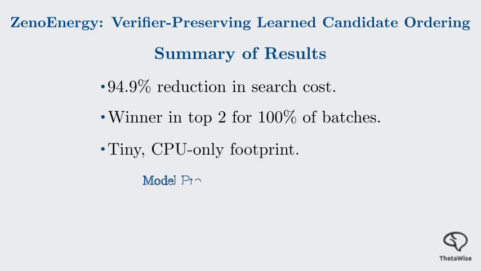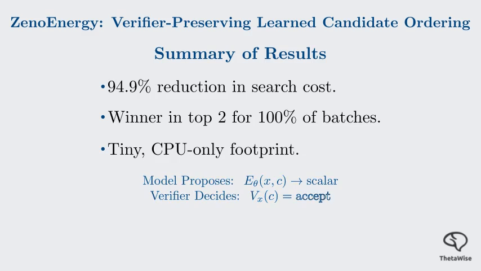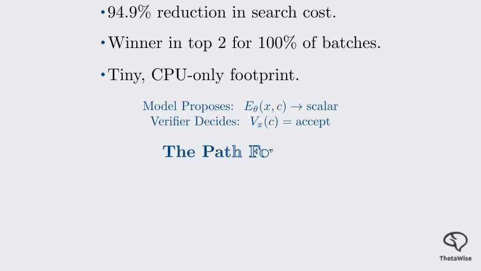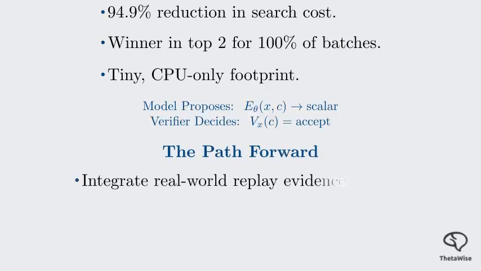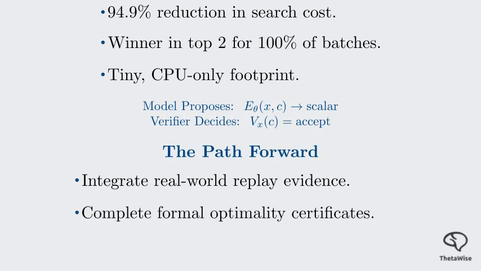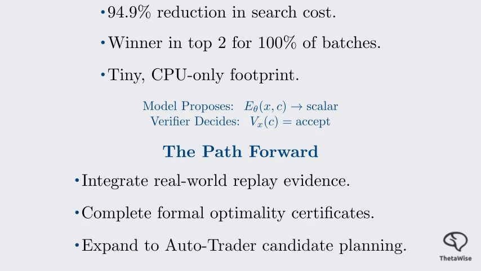By separating the proposal phase from the verification phase, we gain the speed of machine learning without losing the ironclad security of deterministic code. The path forward involves integrating real-world replay evidence, completing formal optimality certificates, and expanding to AutoTrader candidate planning. The release path is clear. Maintain the model as an advisor, verify everything, and use learned energy to find the best solutions faster.